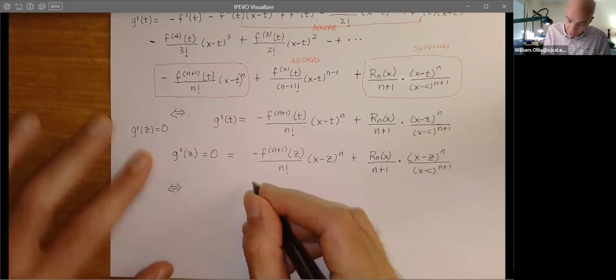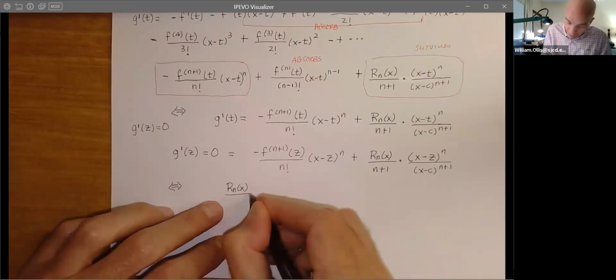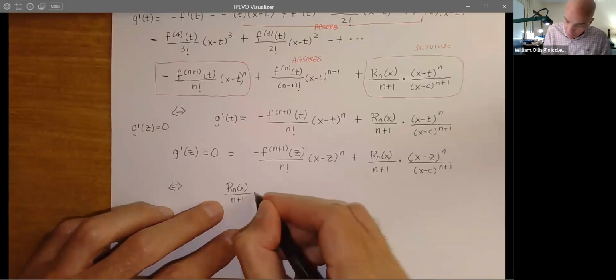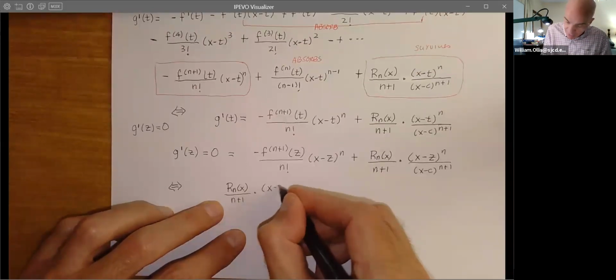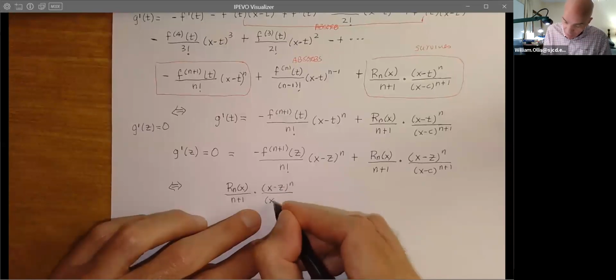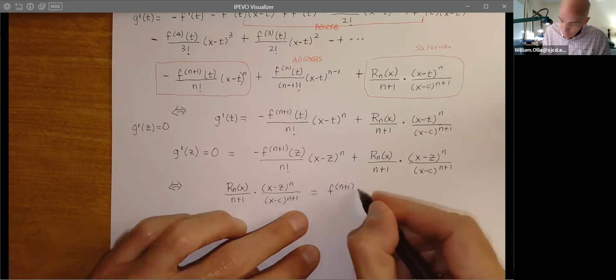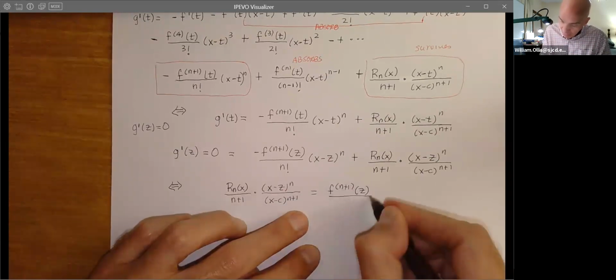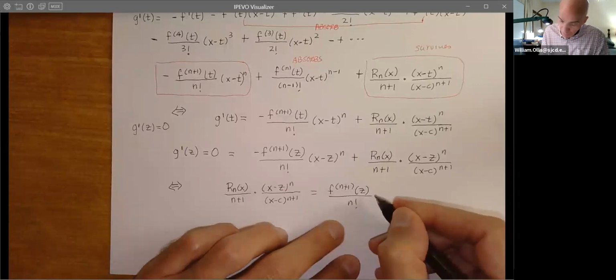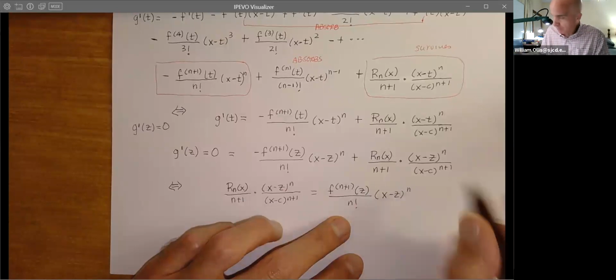So if and only if Rn of x divided by n plus 1 times x minus z to the n divided by x minus c to the n plus 1 equals f n plus first derivative evaluated at z divided by n factorial times x minus z to the n.